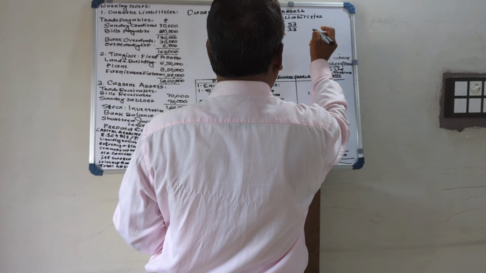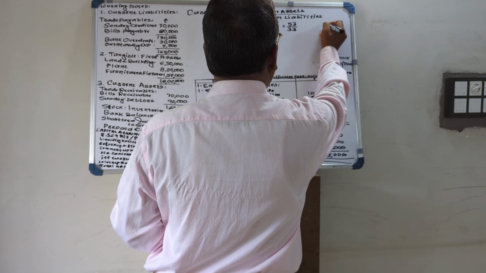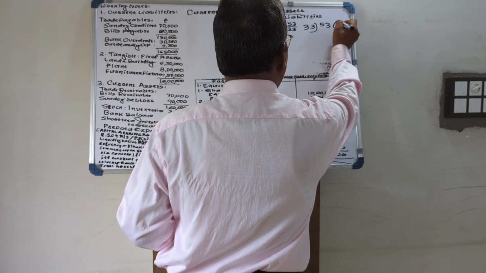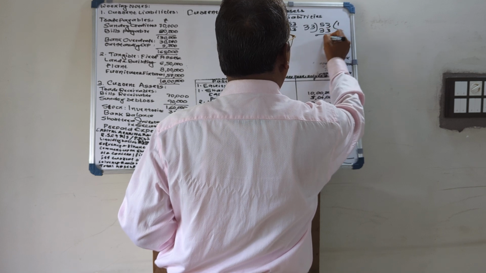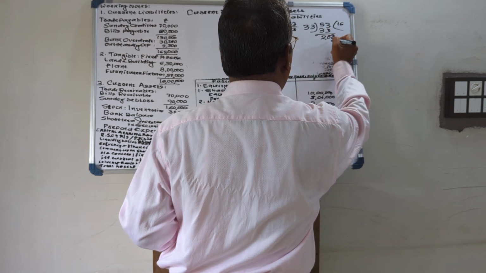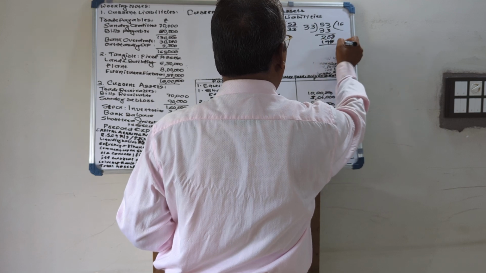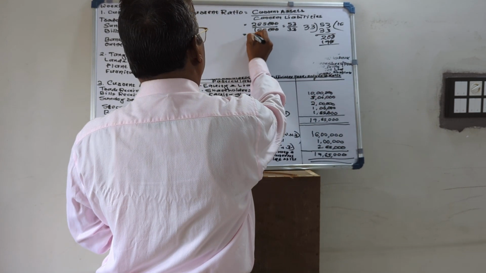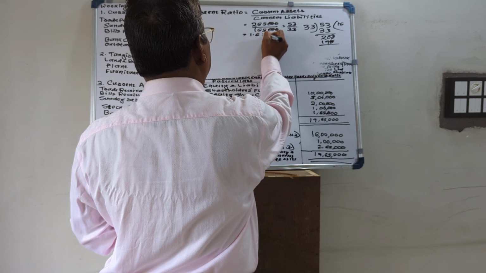So 53 by 33 gives 1.6. The ratio is 1.6 is to 1.